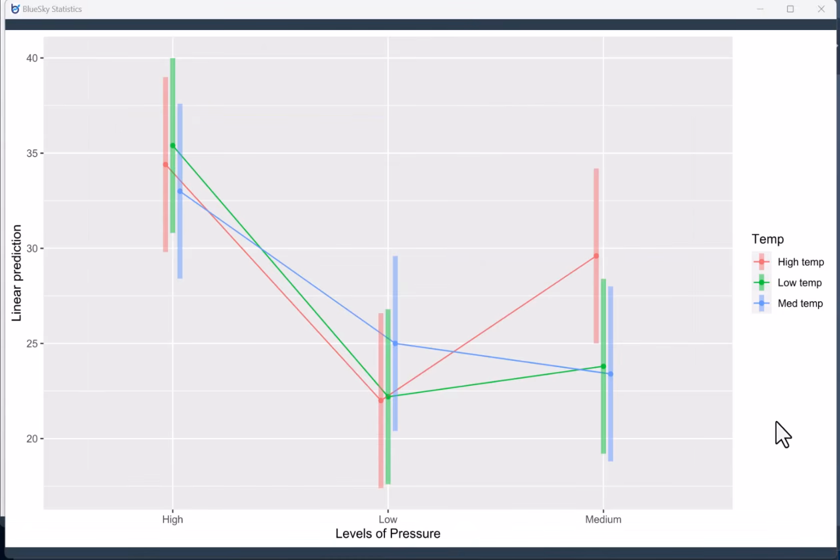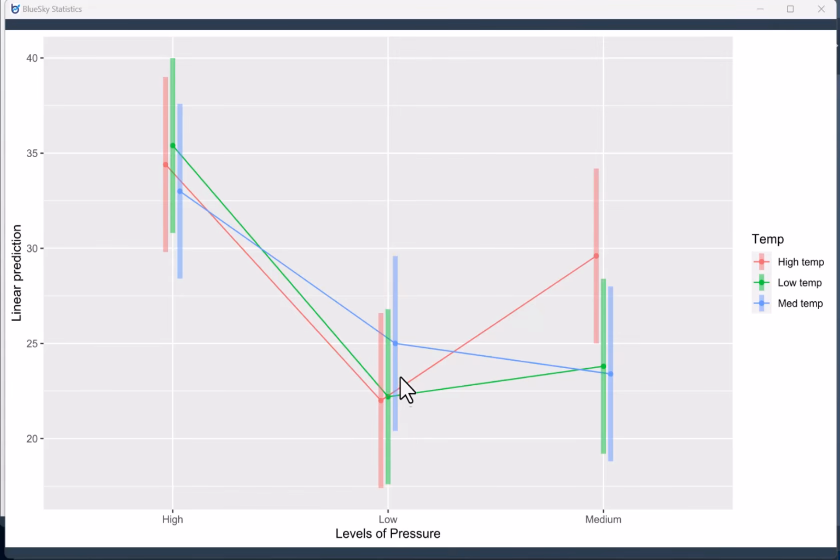Next, we have an interaction plot. First, on the x-axis, we have high pressure, low pressure, and medium pressure. And then for each pressure setting, we have high temp, low temp, and medium temp. And you can see that for high levels of pressure, all three temperature levels produce more defects than otherwise.